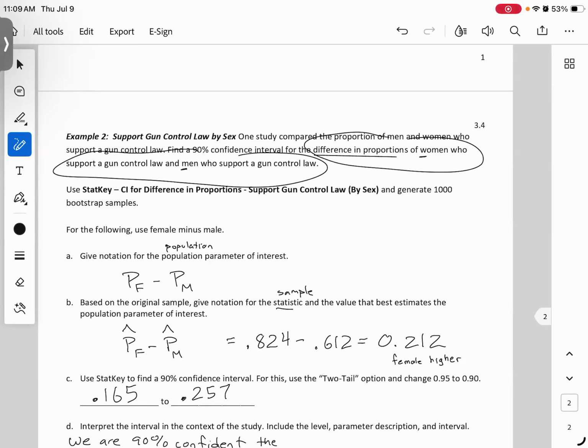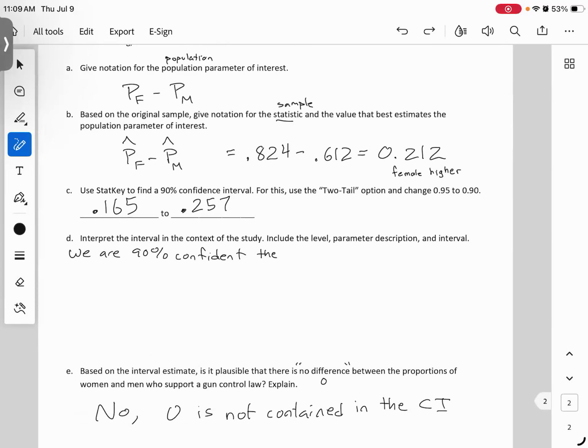That's the purpose of the interval, to tell us what's the difference in the proportion of women who would support a gun control law versus men who would. So you can just reuse those words, or if you feel like paraphrasing it a little bit, that's okay. But sometimes when trying to paraphrase things, that might just lead you to leave out important details.